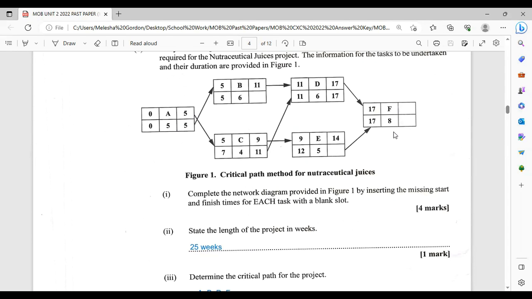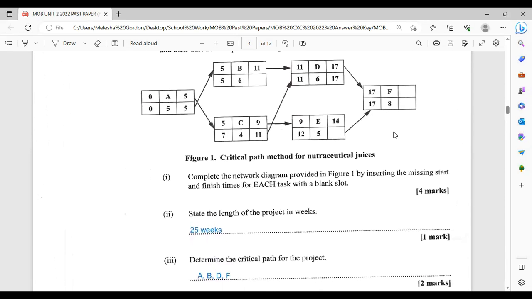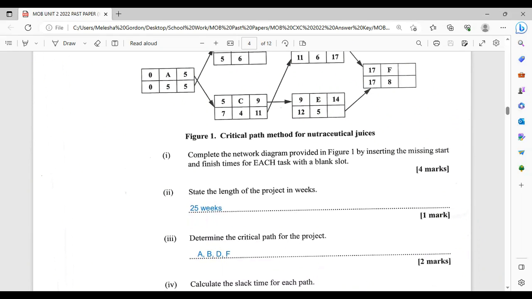So let's go back to the question. Determine the critical path for the project. So the critical path for the project is ABDF. Calculate the slack time for each path. So we had done that already.